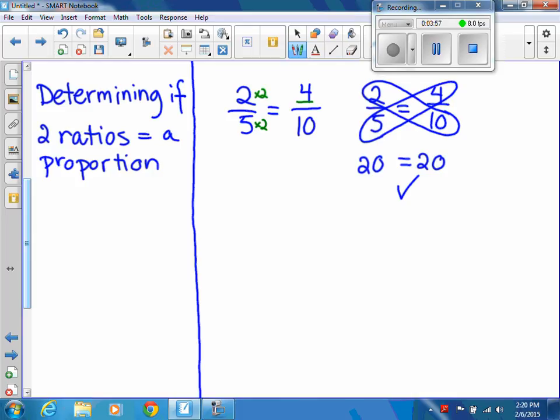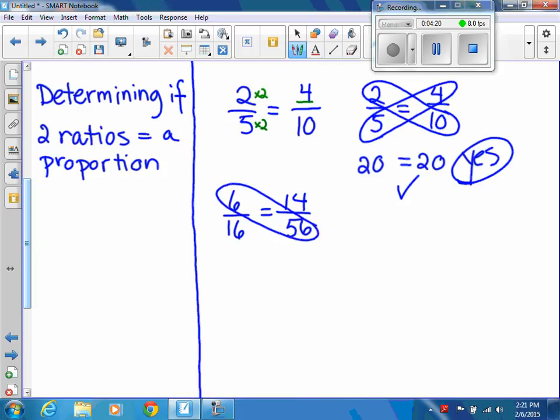Let's try another one. We have 6 over 16 is equal to 14 over 56. And again, we're just saying yes it is or no it isn't. So actually I should go back here. The first one is yes, it's a proportion. On that one, it checked out. So we're going to see if this one is a proportion or not. I'm going to again do my butterfly. 6 times 56 gives me 336.